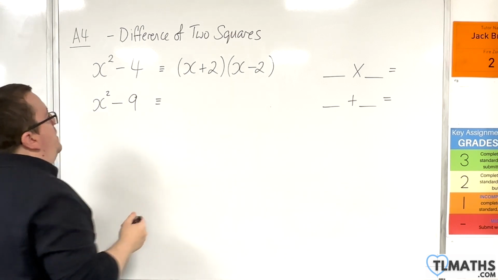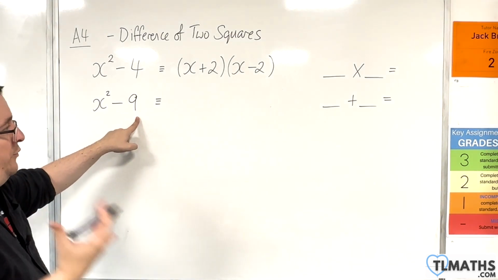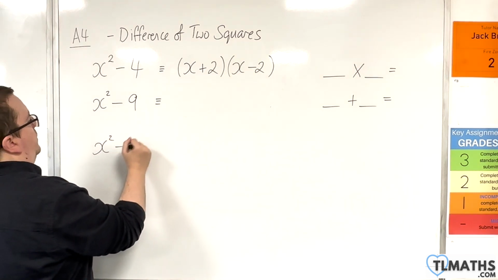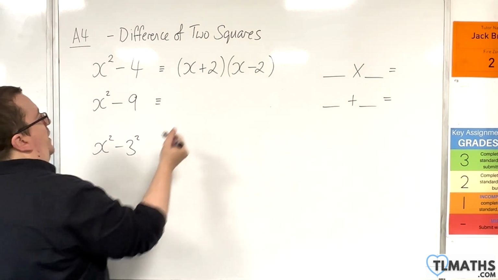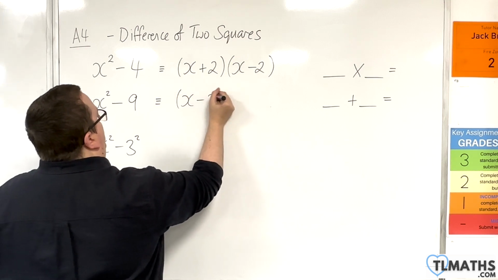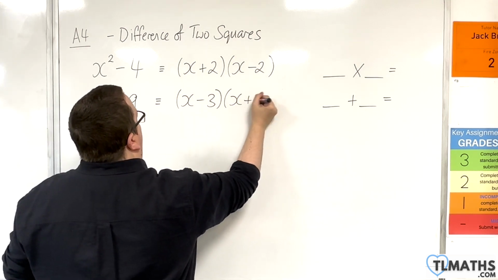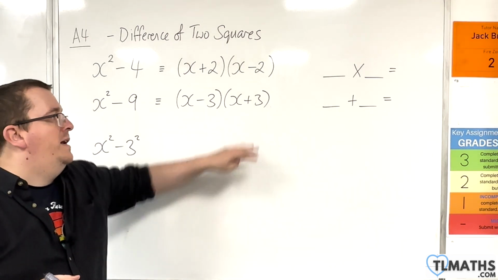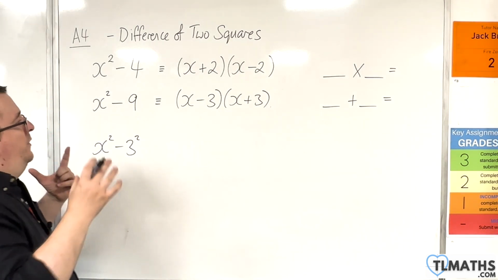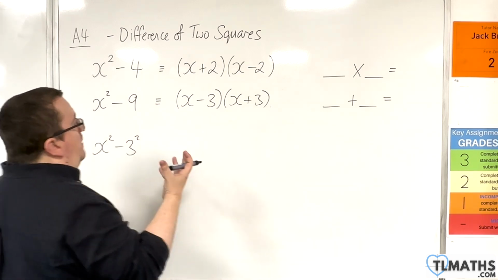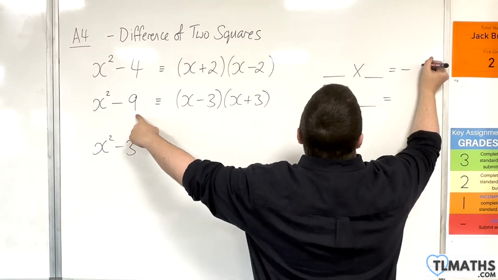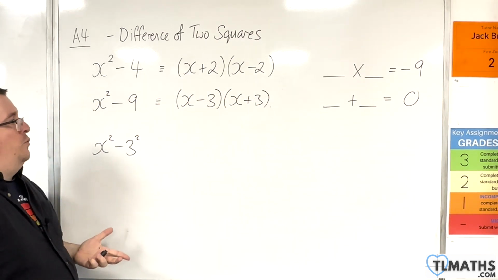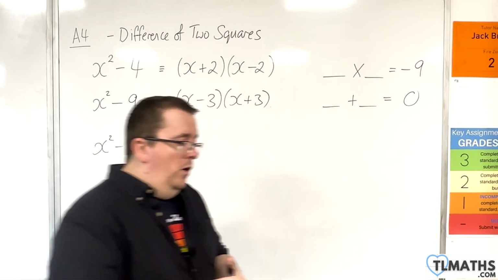Well, 9 is 3 squared, isn't it? So thinking about it as x squared take away 3 squared, that means we would have x take away 3, x plus 3. And it doesn't matter which order I write those brackets in. I could have done x plus 3, x minus 3. We wanted two numbers that would multiply together to make minus 9, but add together to make 0. And that's the 3 and the minus 3. So that's how it works.